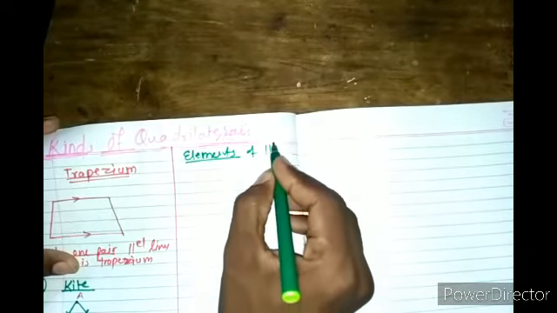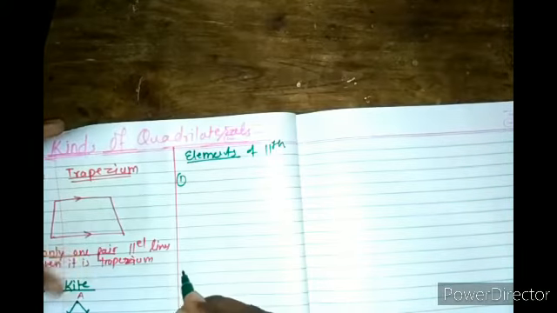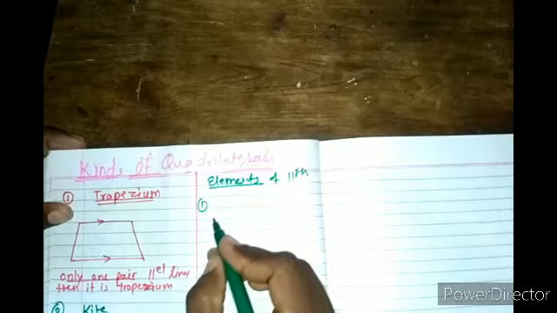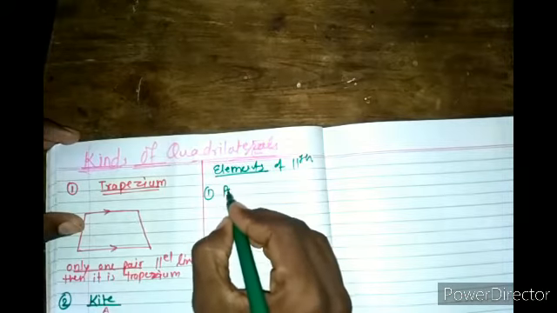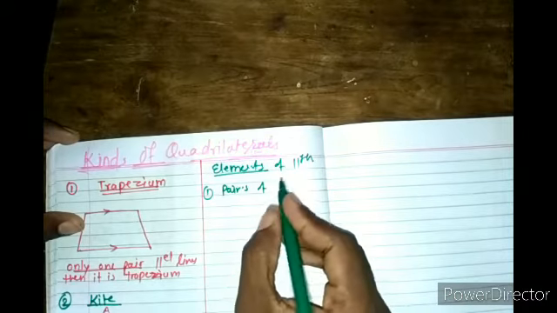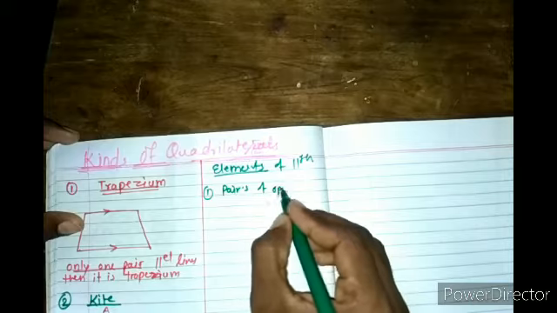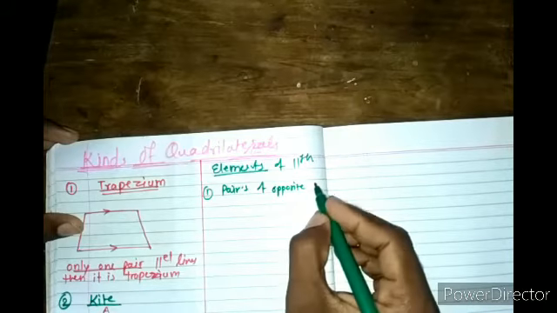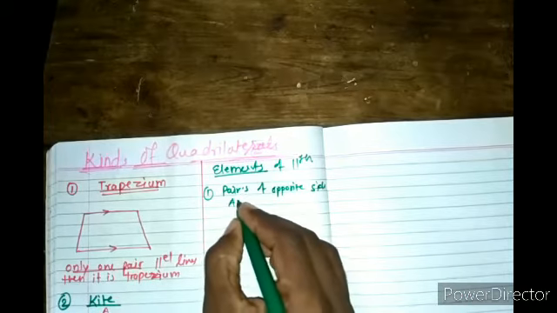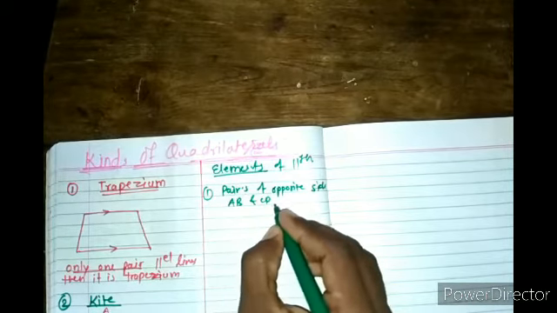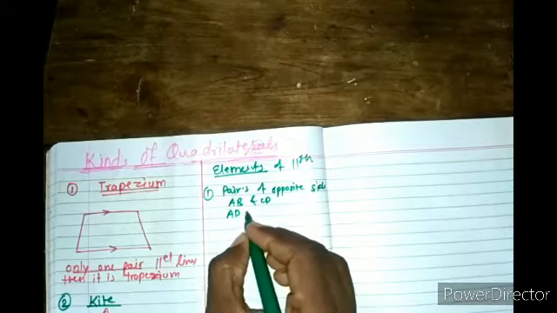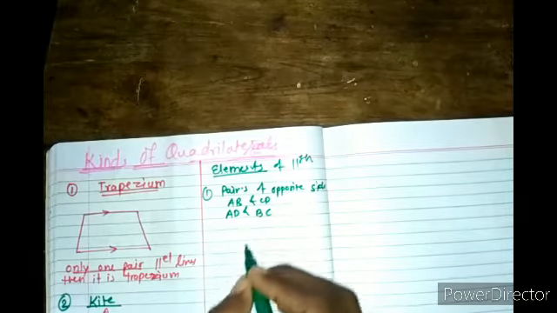The elements of a parallelogram. Number one element is two pairs of opposite sides, right? Like here in the diagram, AB and CD, and the second one, AD and BC.